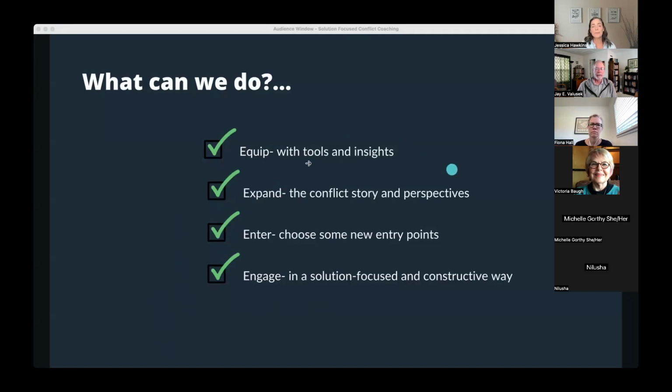It is to help equip ourselves and the people we're working with with the tools and insights to get more comfortable having difficult conversations, to expand the story and the perspectives, to be really intentional about what entry point we're choosing to enter that conflict conversation with, remembering those first 3 minutes, and then to engage and pay attention to where we are. Are we below the line? Are we above the line as we're co-constructing that conversation together?